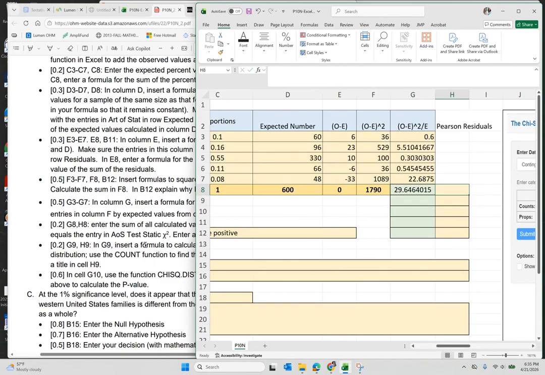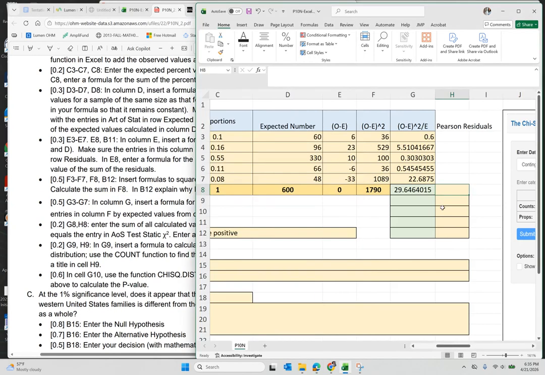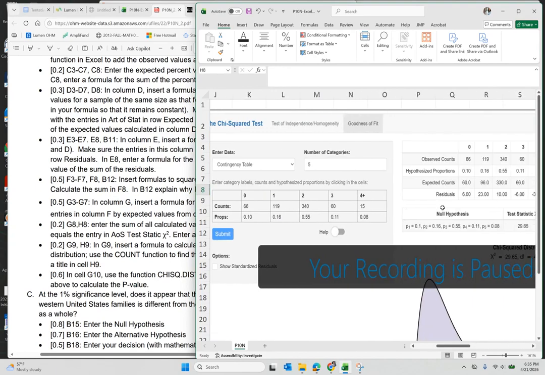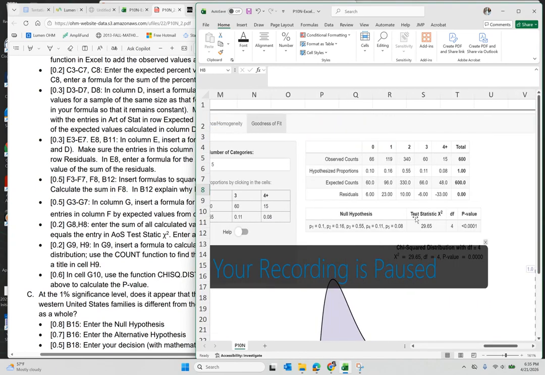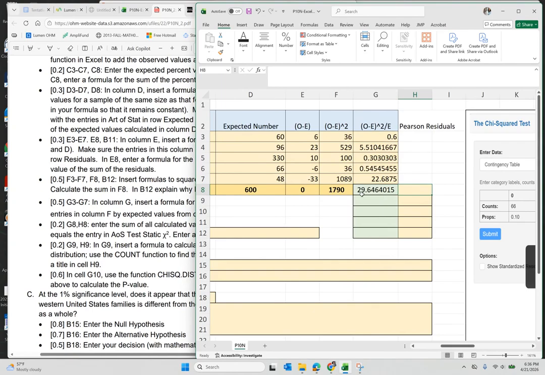And I want to make sure this entry equals the entry in ArtofStat test statistic chi-squared, and enter this title in cell H8. So let's double check that this is what we found here. If you see here, test statistic chi-squared is 29.65, and my answer indeed rounds to 29.65. So this will be test statistic chi-squared.